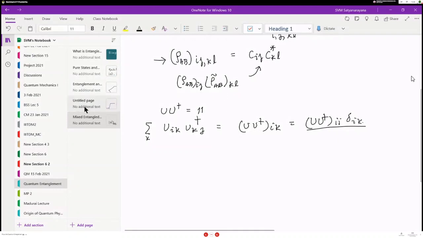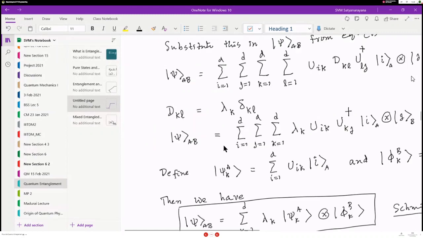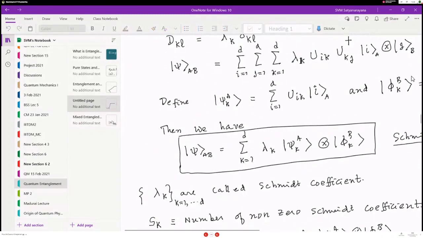So this is correct. But the summation over K is not for this alone. This is multiplied with lambda K, and I and J are summed over. So we will not be able to isolate this summation over K with U_IK, U_KJ dagger alone.